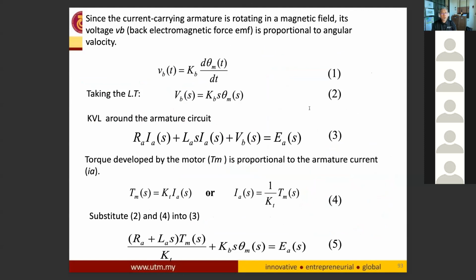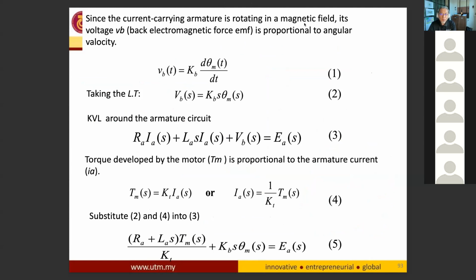So since the current carrying armature is rotating in the magnetic field, its electromotive force VB, or back EMF, is proportional to the angular velocity.